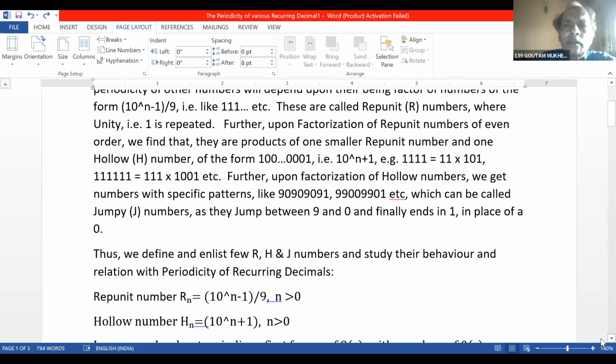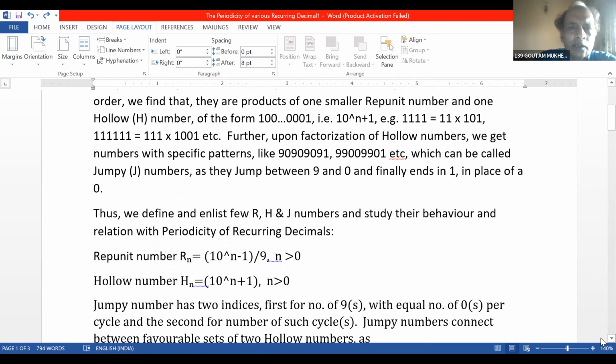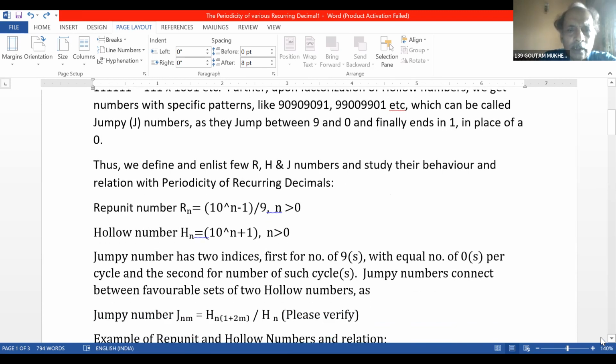And now when we factorize this even number of repeat unit numbers, meaning that the number of ones is even, it can be factorized into a smaller repeat-one number and what is called a hollow number, like 101. There will be zeros in between. So likewise, there will also be factors of this kind of form, which are named jumpy numbers, 90909091, like this.